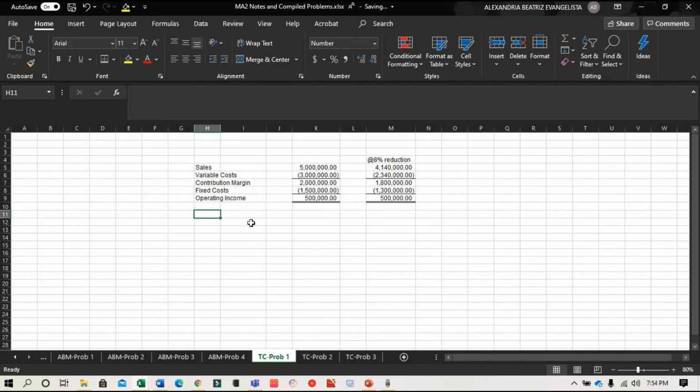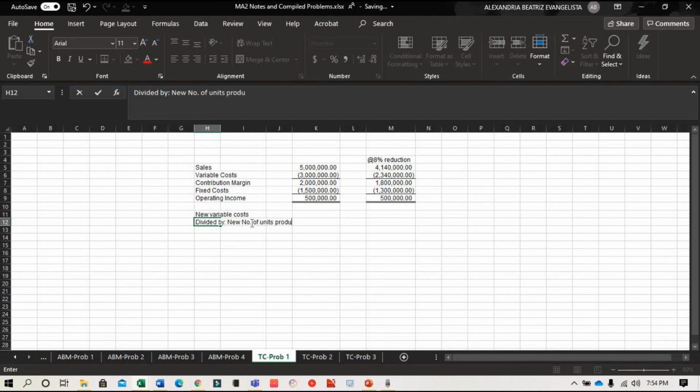So answering the question, we have the new variable cost divided by the new number of units produced. And then we have our target variable cost per unit.